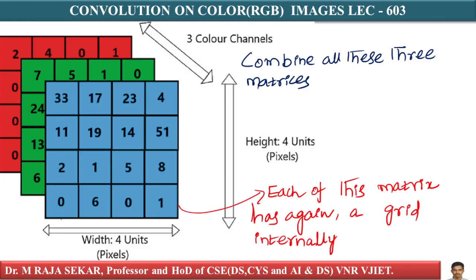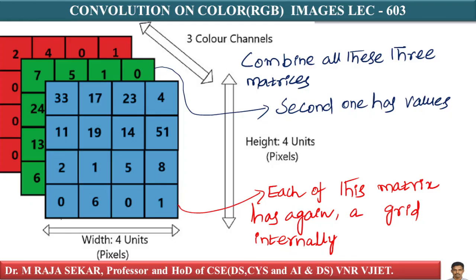Each of these matrices has again a grid internally, and each has values. First one has values, second one has values, third one also has values. So what you are getting is a 3D tensor.